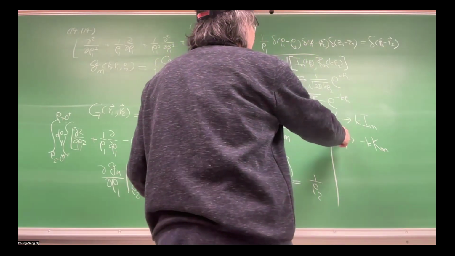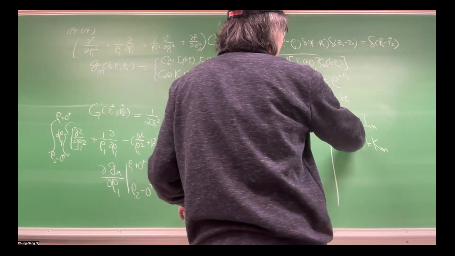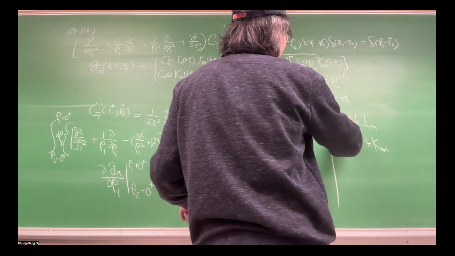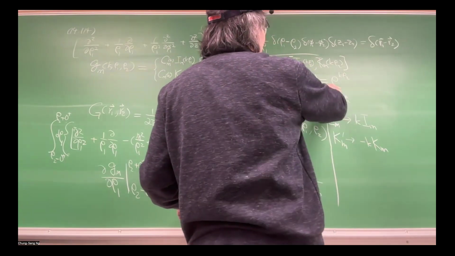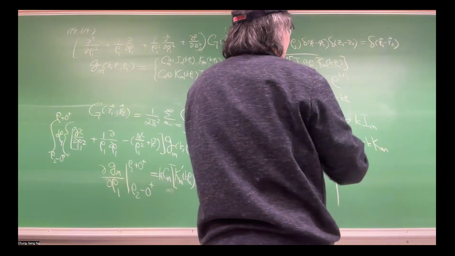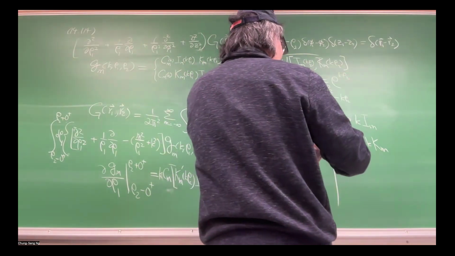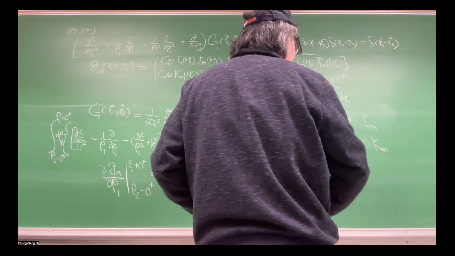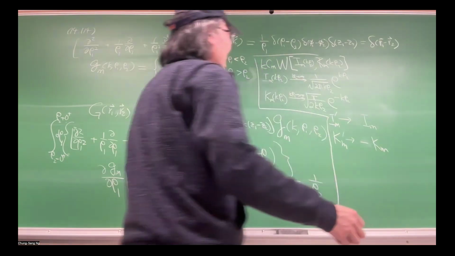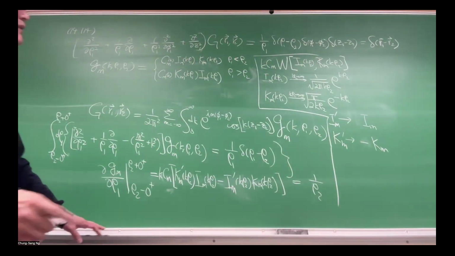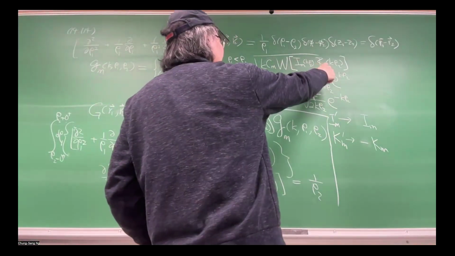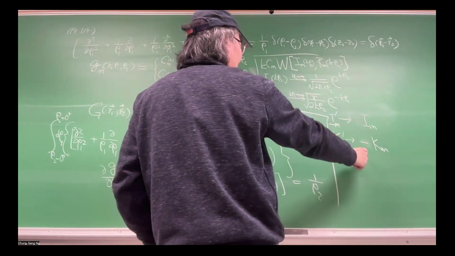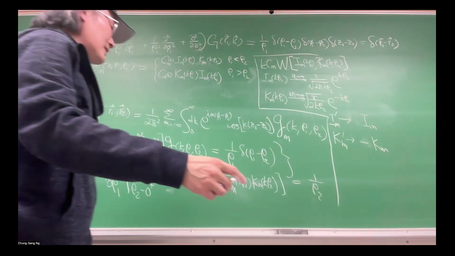Wait, this is I sub m. You probably don't need the k, because I sub m is taking the argument. So we treat everything as an argument. Actually, we don't need the k. Just put a negative sign. It's not the derivative over rho. It's the direct derivative over the argument. So that's just I sub m. This is minus K sub m.